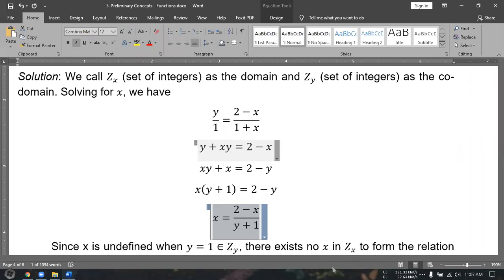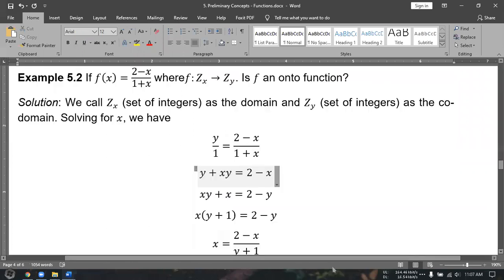And let's test whether for every value of x there is a corresponding value of y, and vice versa, for every value of y there is a value of x. We are trying to see if this is onto.